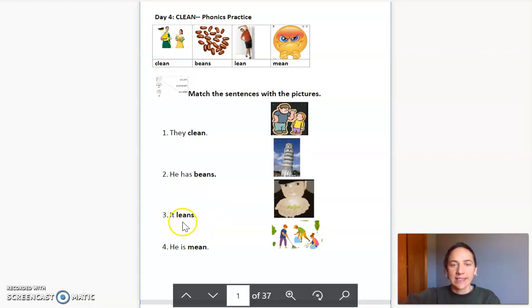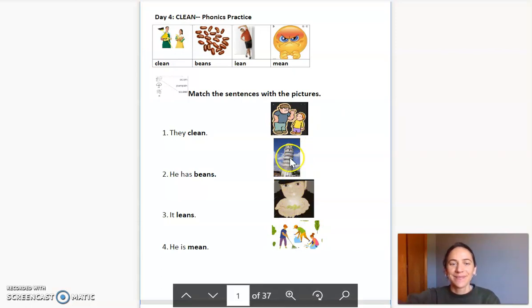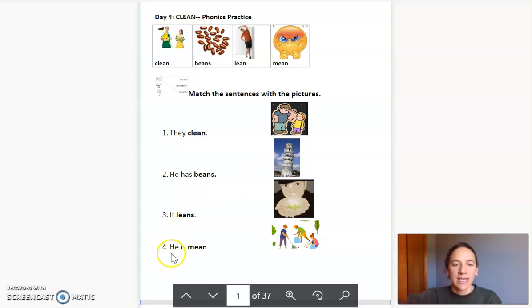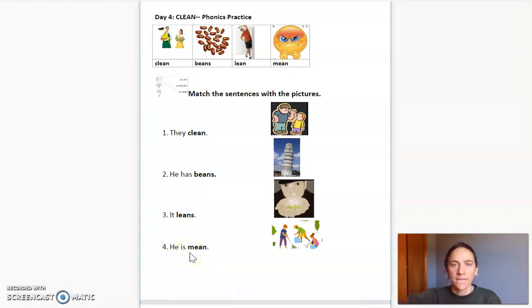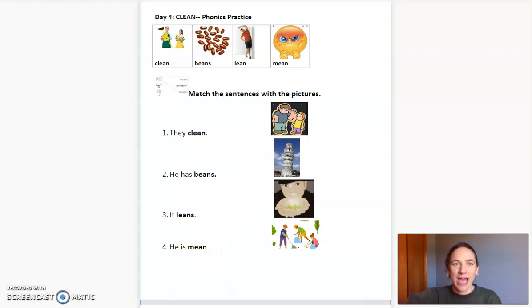It leans. Point to the picture that shows it leans. Yes. Number 4, it's your turn to read it. He is mean. Which picture? Yes. Great job.